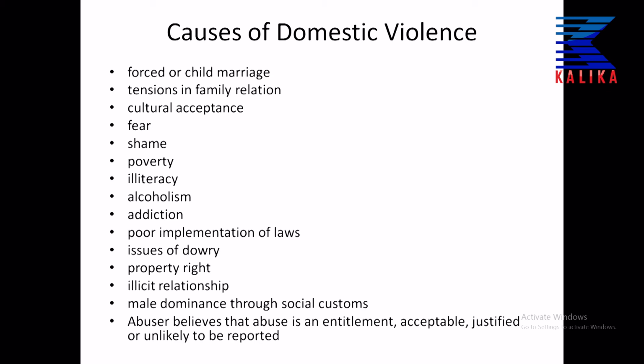Now, let us see causes of domestic violence. What causes domestic violence? Forced marriage or child marriage, or maybe unmatched marriage. You can even add unmatched marriage. Tensions in family relations, no good smooth relation among the family members, cause domestic violence. Cultural acceptance: beating wife, scolding them, and then training them through such harsh behavior is an accepted pattern of behavior in some societies.